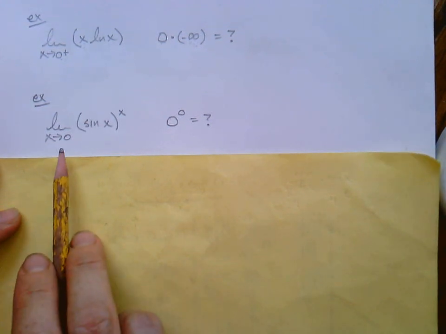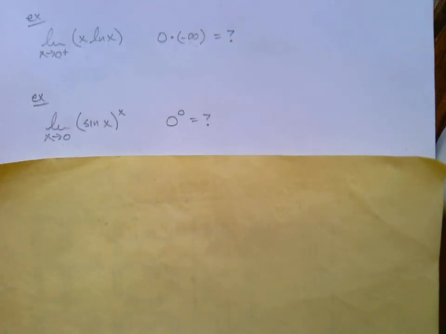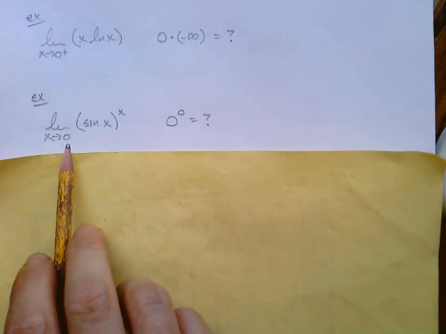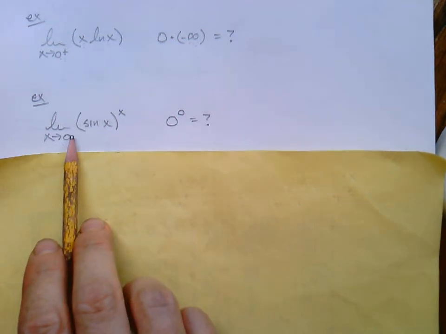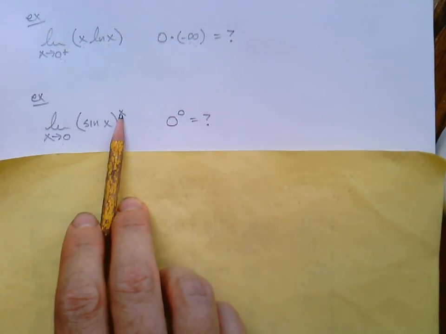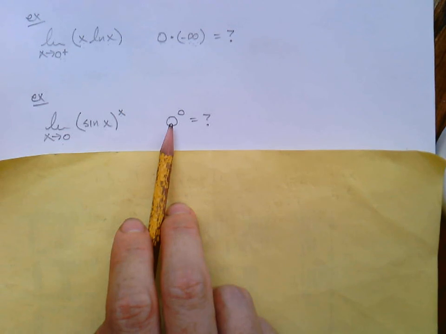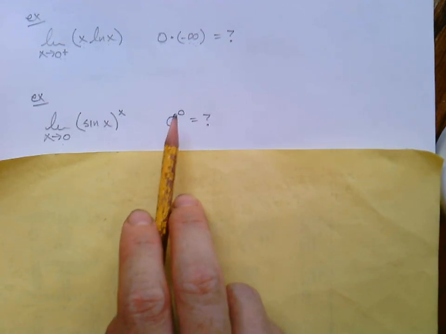How about this? The limit as x approaches 0 of sine of x raised to the x. Wow. If we think about plugging in, well, the sine of 0 is 0, and we're raising to the x, so we're raising to the 0. Why don't we know the answer to this one? Well, down here we're approaching 0, so our numbers are getting smaller. Same thing here.